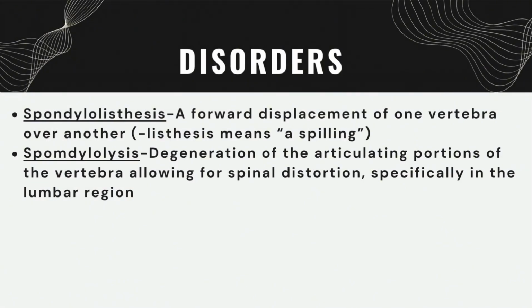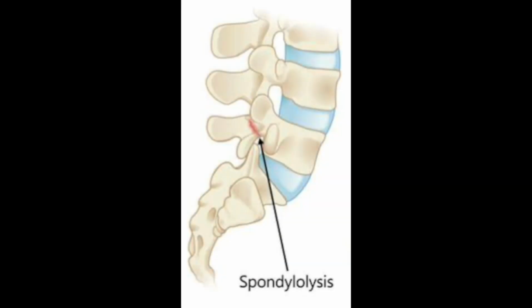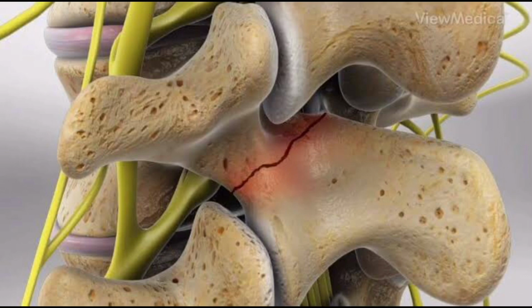Spondylosis. Spondylosis is the degeneration of the articulating portions of the vertebra allowing for spinal distortion, specifically in the lumbar region. This is commonly associated with overuse or repetitive stress of the spine, such as those experienced in sports or activities that involve frequent hyperextension of the lower back.